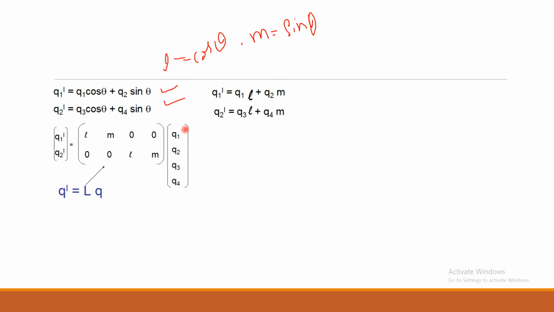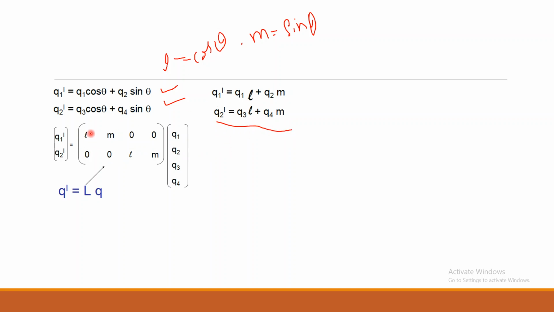Okay, as you know, we can represent the equations in matrix form. So q1 dash becomes l m 0 0. Why is it 0 0? Because we don't have terms q3 and q4, and only the multiplication factors of q1 and q2. So l into q1 plus m into q2. And for q2 dash it is 0 0 l m. Why 0 0? Because we don't have the q1 and q2 factors in this equation. That's it.